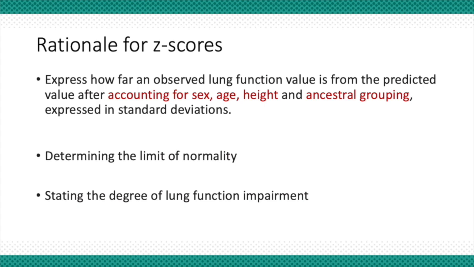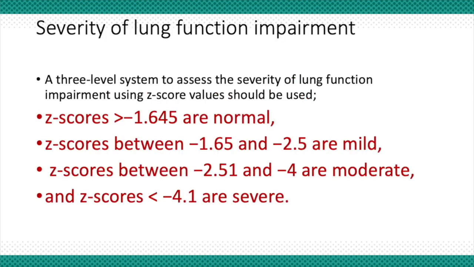And this is much more consistent across ages and sexes than a percentage predicted value. So the Z-score is the way that interpretation should be done from now on. This is the Z-score severity of lung function impairment criteria. This is a very important slide.